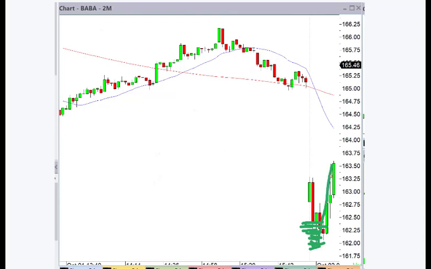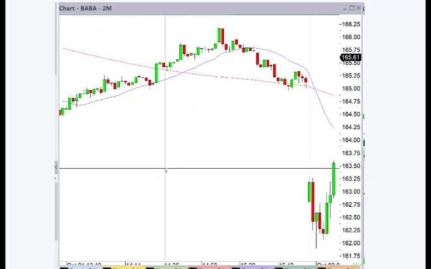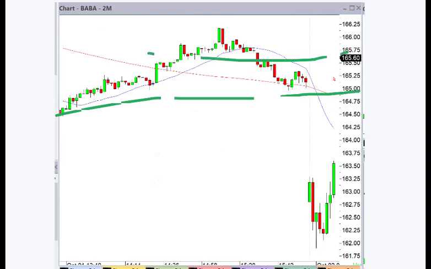And look at this thing. Green takes out the red in a dominant way. Now you've got to flip and say this is no longer a short play. I know it's under the Fab 4. I know the 20 is declining.